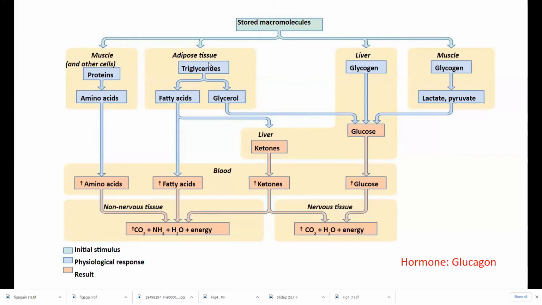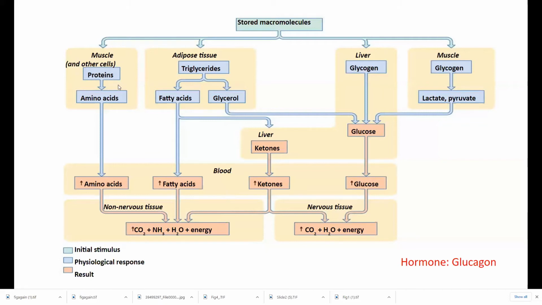Okay. Other things that are going on at the same time, we're breaking down our fats, right, in our adipose tissue and our fat tissue. Some of those are going to the liver, so we may use ketones. We're taking those fatty acids, we're doing beta oxidation, we're using that for energy.